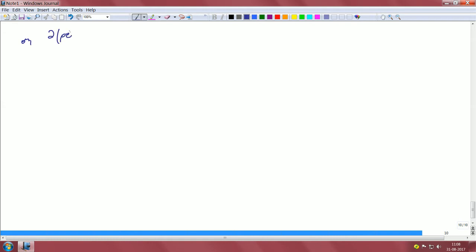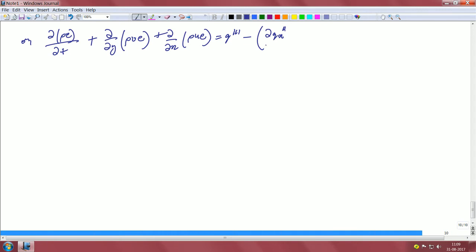So, d rho e by dt plus d by dy rho v e plus d by dx rho u e is equal to q triple prime minus dqx double prime by dx minus dqy double prime by dy plus this W. I have got rid of the delta x and the delta y terms. Now, what is the nature of the work?